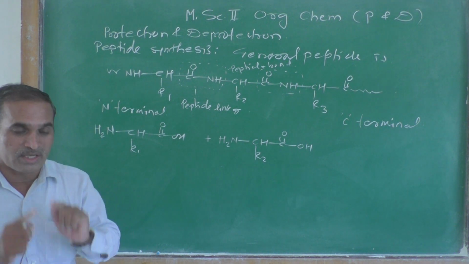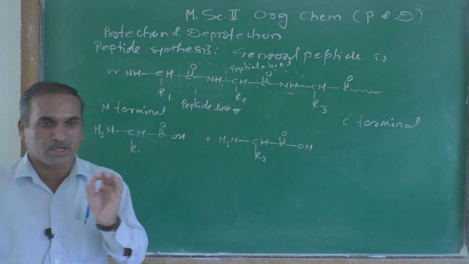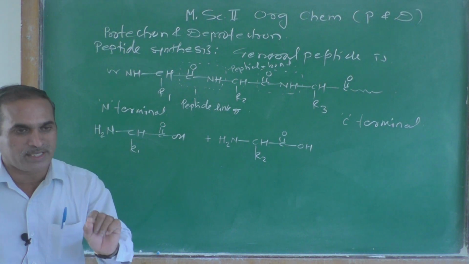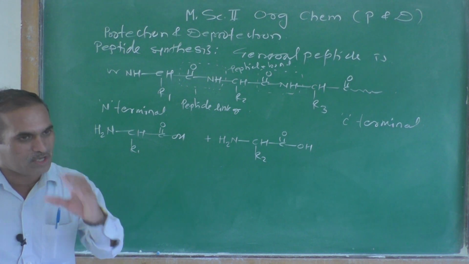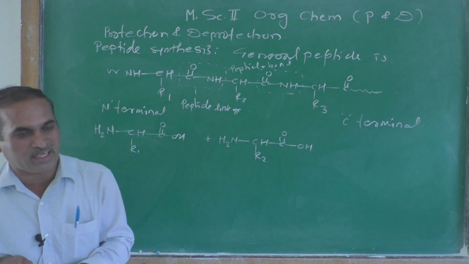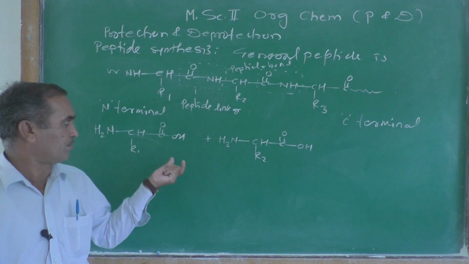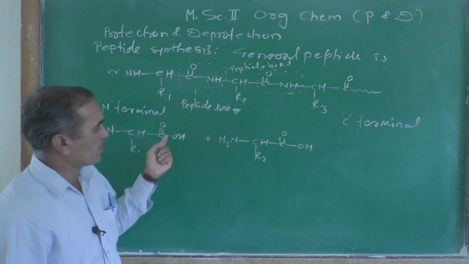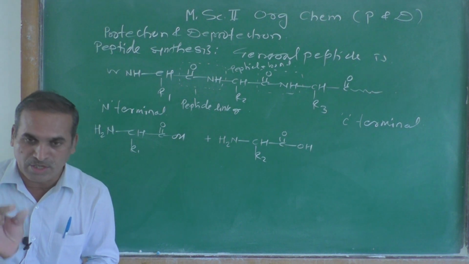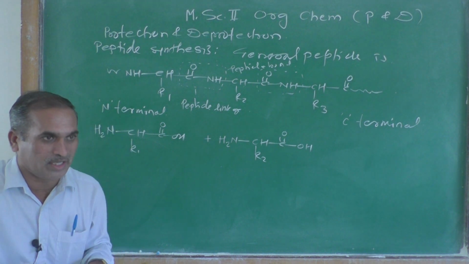The amino group is more reactive than the carboxylic group, because nitrogen has a lone pair of electrons and can donate them. The oxygen atom in the carboxylic group is more electronegative than nitrogen and holds the electrons tightly.